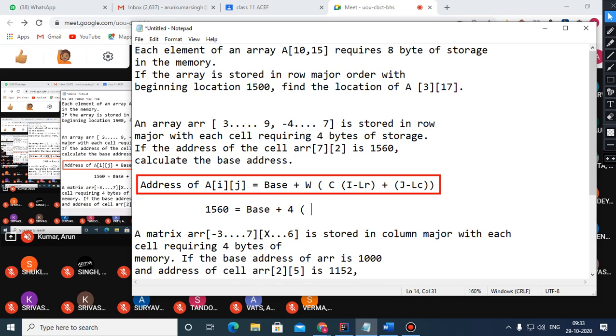Total number of columns are 12, and the value of I is 7, 7 minus 3 plus it is 2 plus 4. So if you solve this, you will get 1344. And I hope everybody is able to solve this.